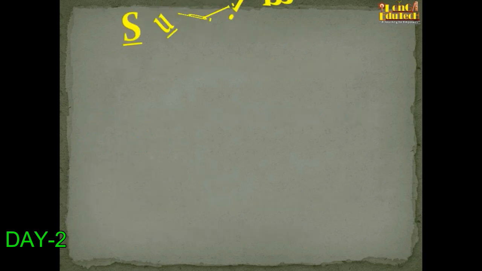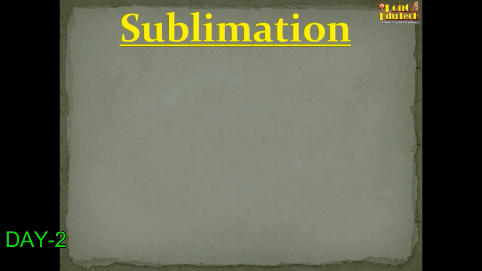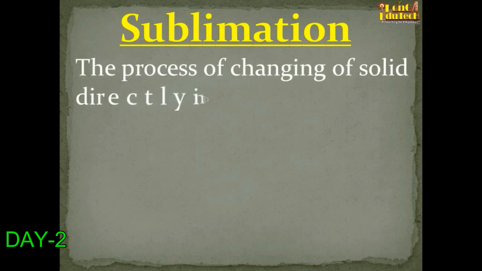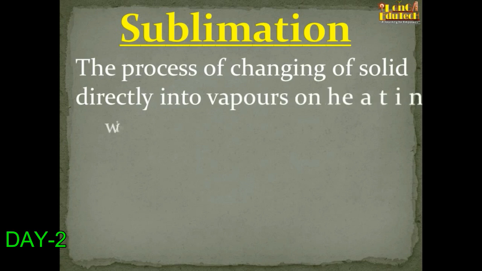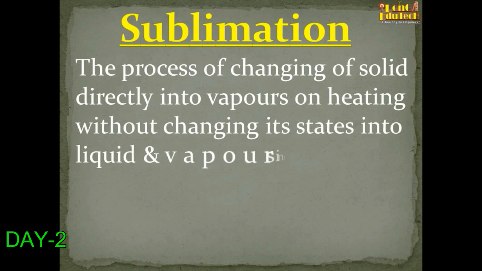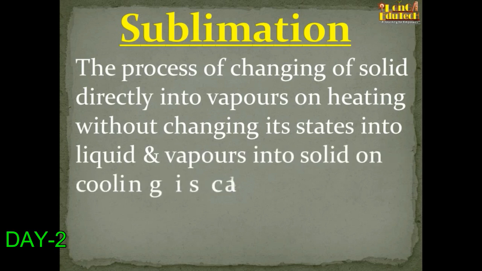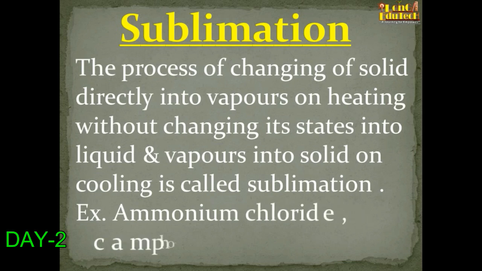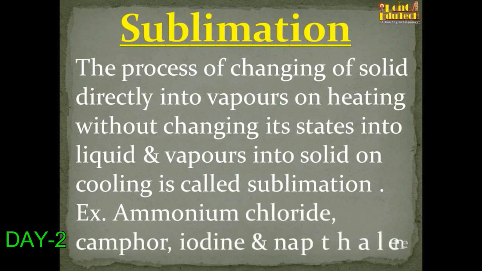Now see sublimation. Here we discuss the process of a solid changing directly into vapor on heating without changing into a liquid, and vapor changing into a solid on cooling. This is called sublimation.